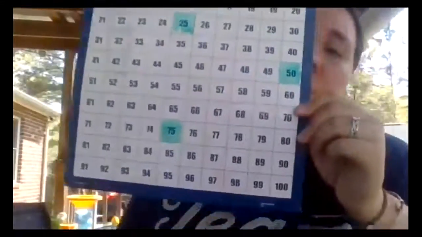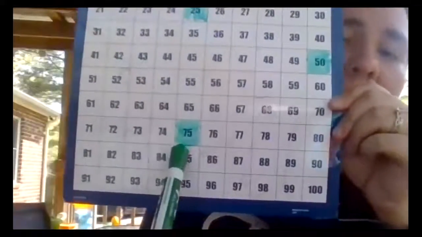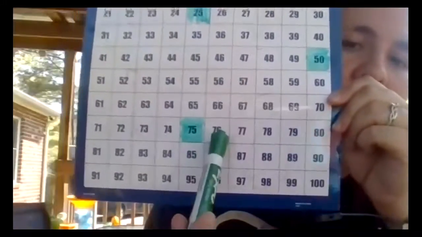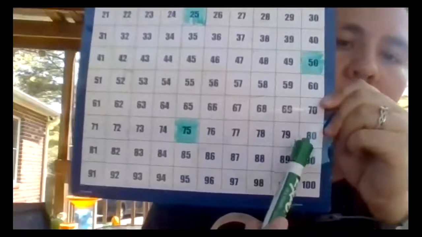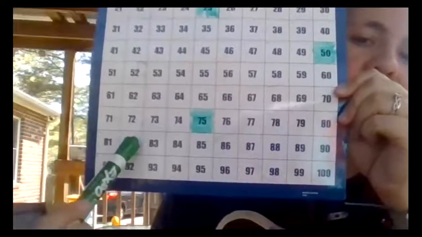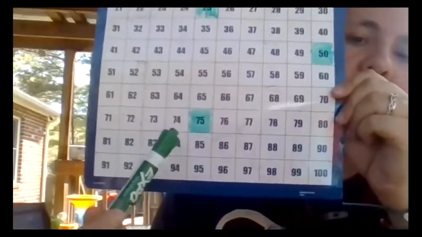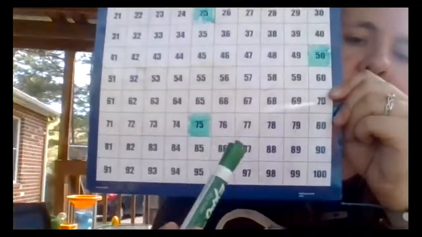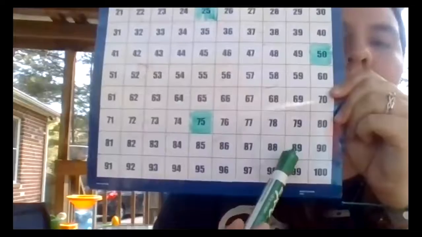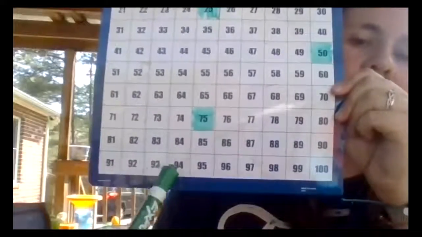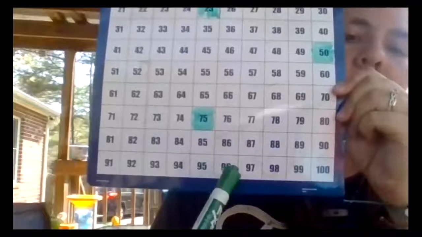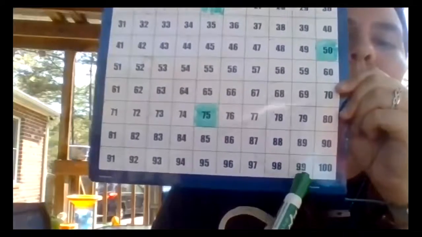Okay, so I am on 75. I count out 25 more. Ready? 1, 2, 3, 4, 5, 6, 7, 8, 9, 10, 11, 12, 13, 14, 15, 16, 17, 18, 19, 20, 21, 22, 23, 24, and 25.